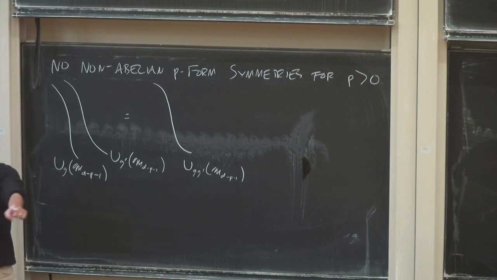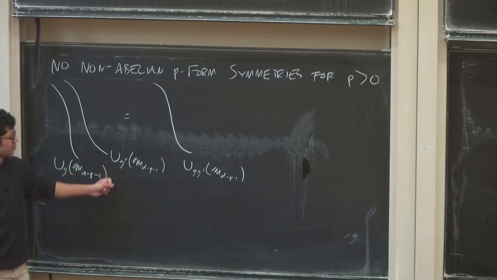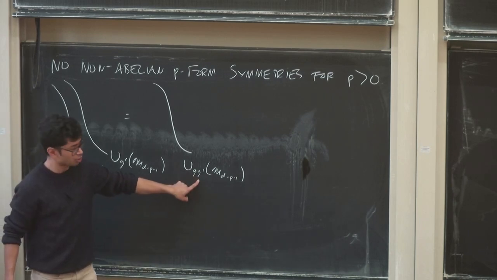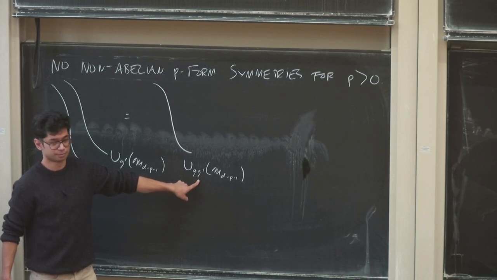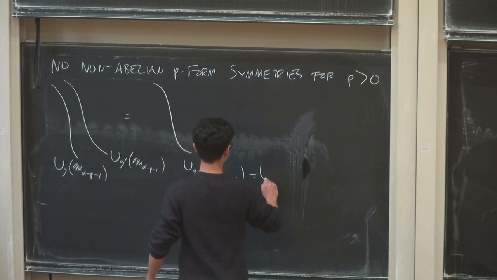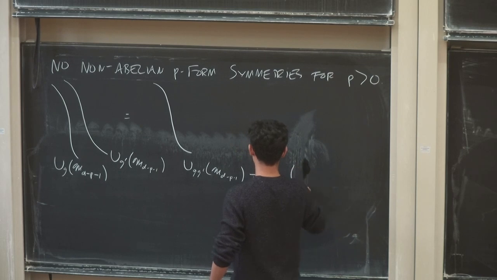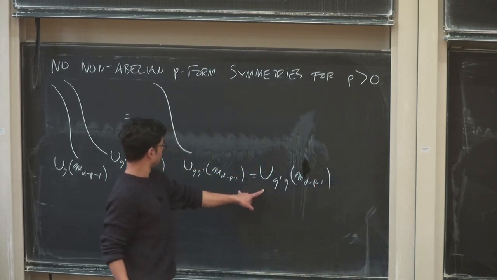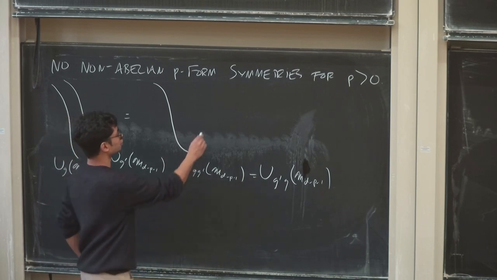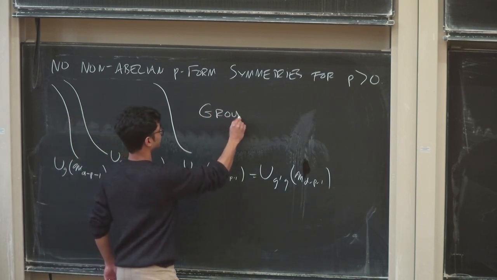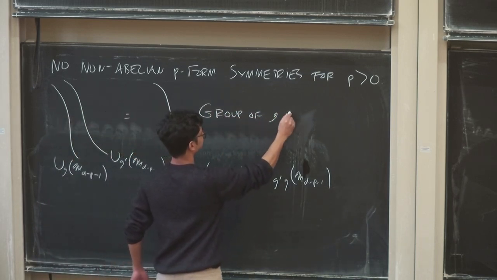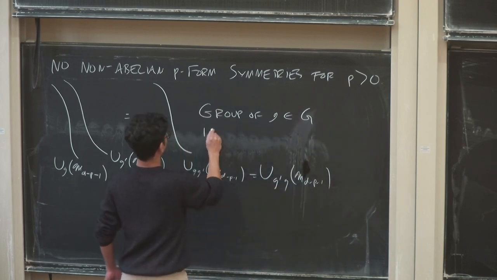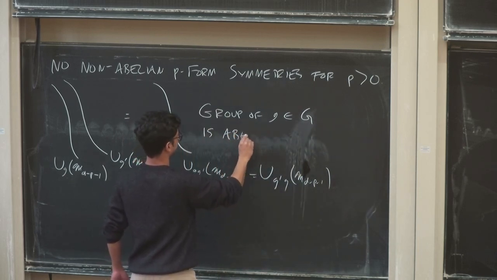I can always rotate these two things around each other and put them in any ordering that I like. So there is no notion where g is in front of g prime, which means that there cannot be an ordering on this side as well, which means that this must be equal to this, which means that the group from which I draw these things, the group of g's, is necessarily abelian.